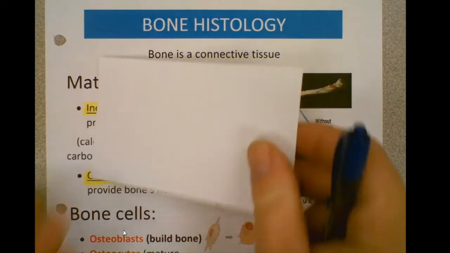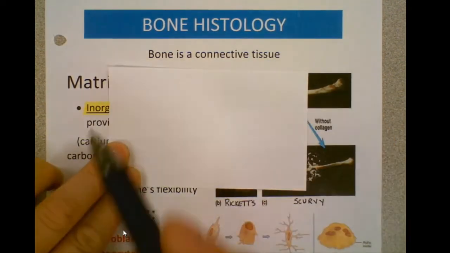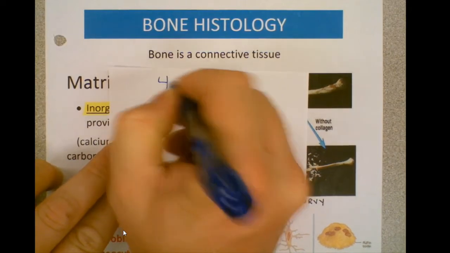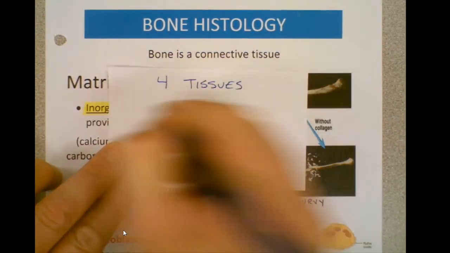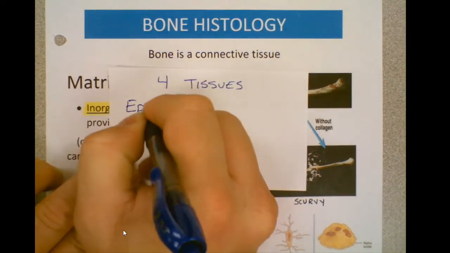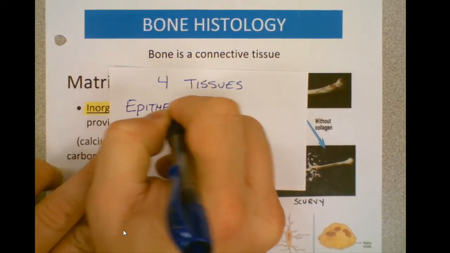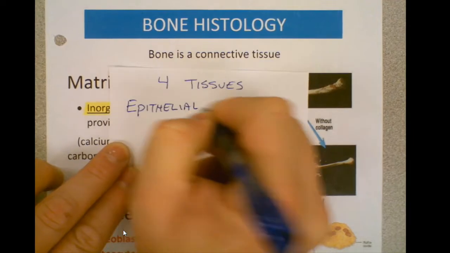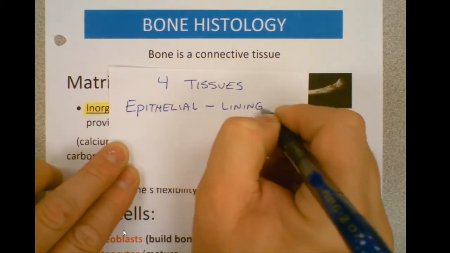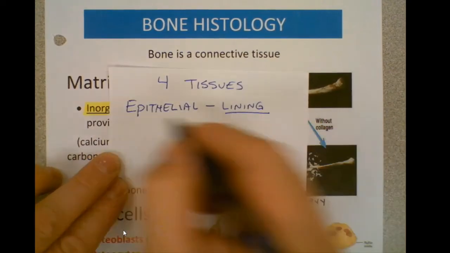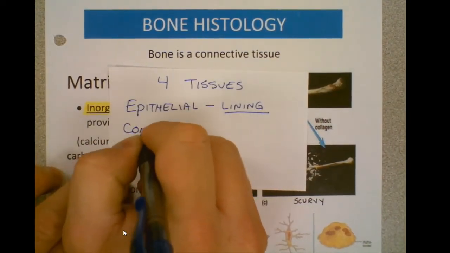So just as a reference here, we have 4 tissues. We have epithelial tissue. Epithelial tissue are linings. So they're tissue that lines our body.